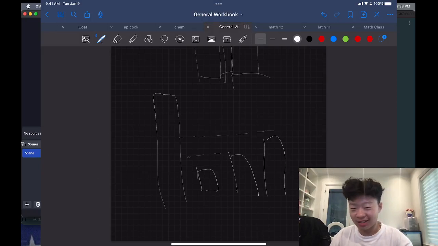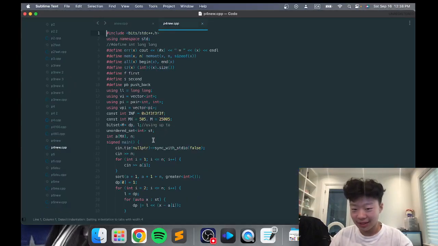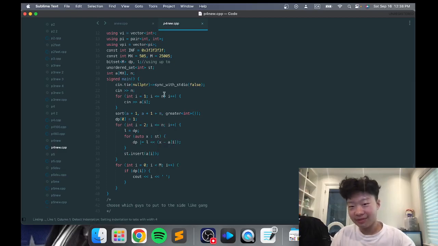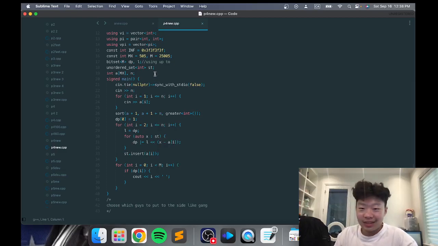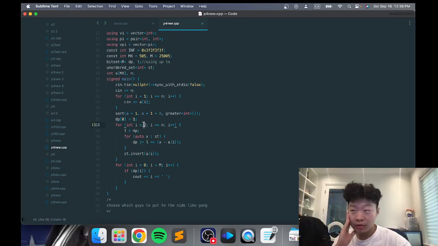Okay, let's just look at the code. So we use bitset because that's faster. Sort that. First we mark 0 as correct. Then we start at 2 because we can't compare ourselves to 1, because 1 is the GOAT.